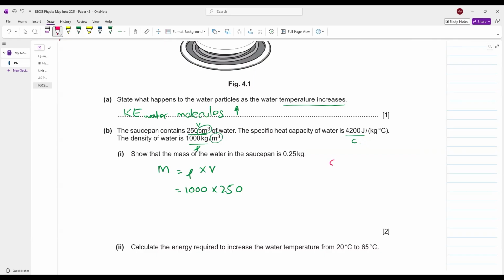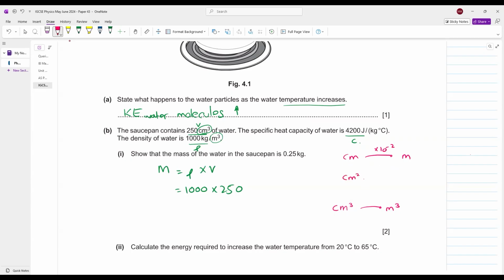We will have to make the unit same. We will have to convert centimeter cube into meter cube. Sir, how can we do that? Very simple conversion. If you convert centimeter into meter, you multiply it by 10 raised to the power of minus 2.